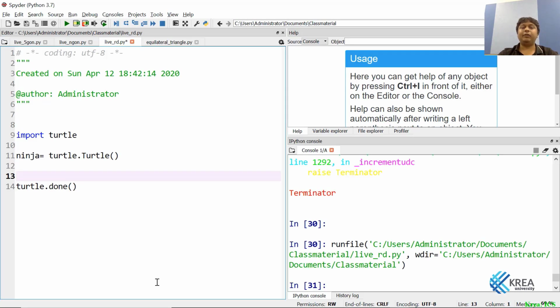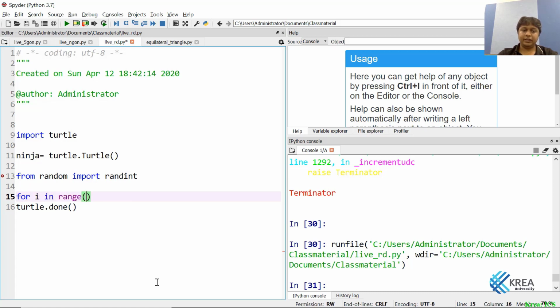So in this example, we basically have to use a random number generator. So to first get a random number generator, we first import randint from random. So from random import randint, and then we start a for command for i in range 0 to 16, or maybe we can just write it as n and just initialize our n to be 16.